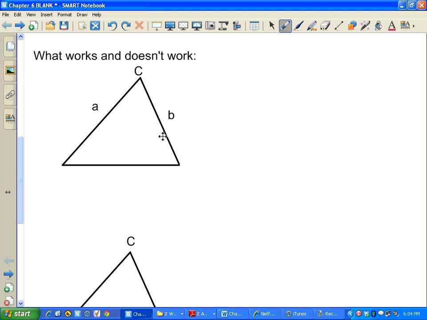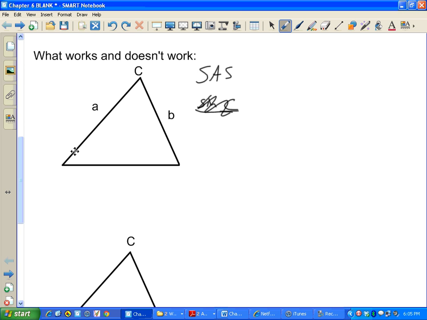Now, there are certain situations where we can use this and certain ones where we can't. Let's see if we can set up a proportion that would work. If I've got side, angle, side, I could say the sine of C over C, but I don't know what C is, so I can't use that.